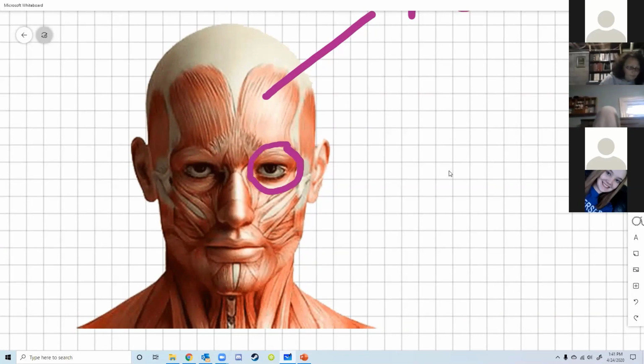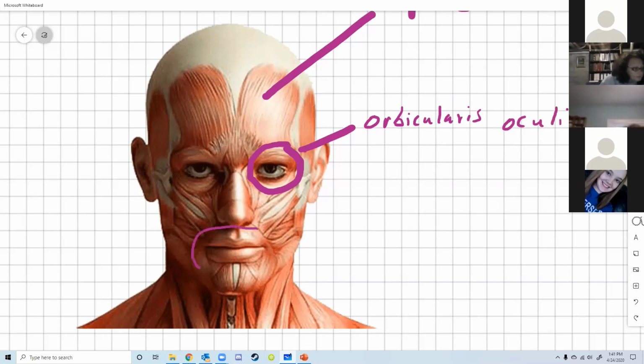I'm sorry, not the oris, orbicularis oculi. Ocular, it's around your eyeball. This is the orbicularis oculi here. And this one is orbicularis oris.